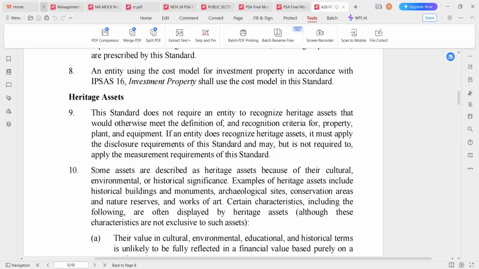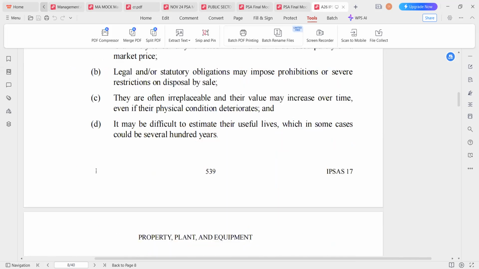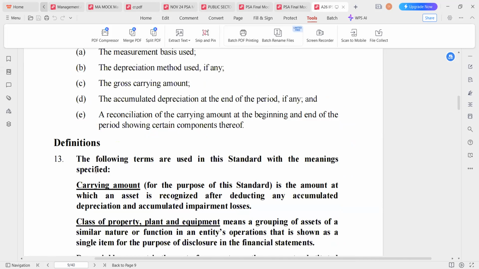So we only disclose heritage assets. No depreciation, nothing, because we don't use heritage assets. So it's only a disclosure. Heritage assets are not supposed to be recognized, and then we are good to go. I think this is the disclosure requirement also. Take note, this is the disclosure.